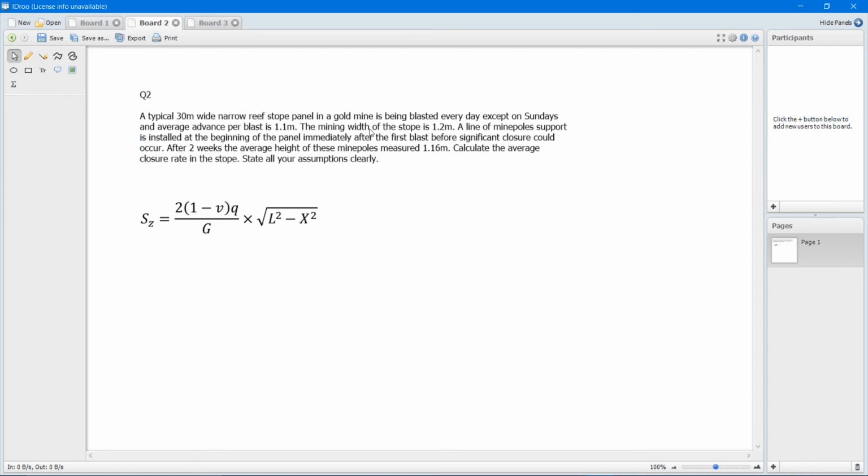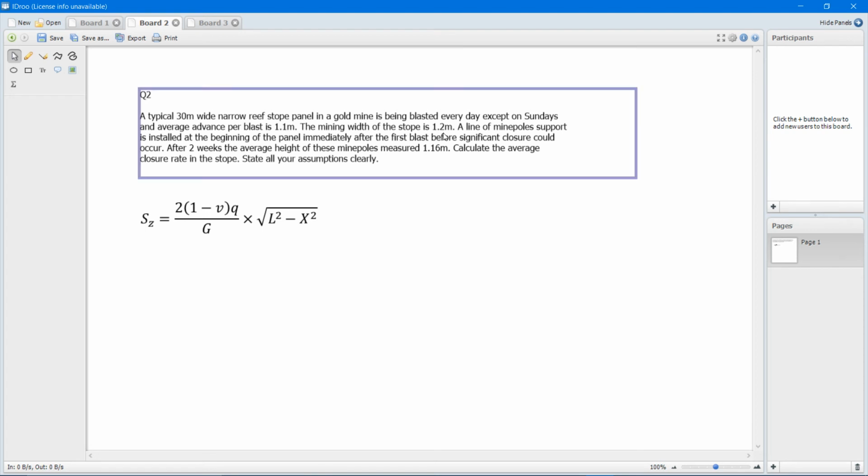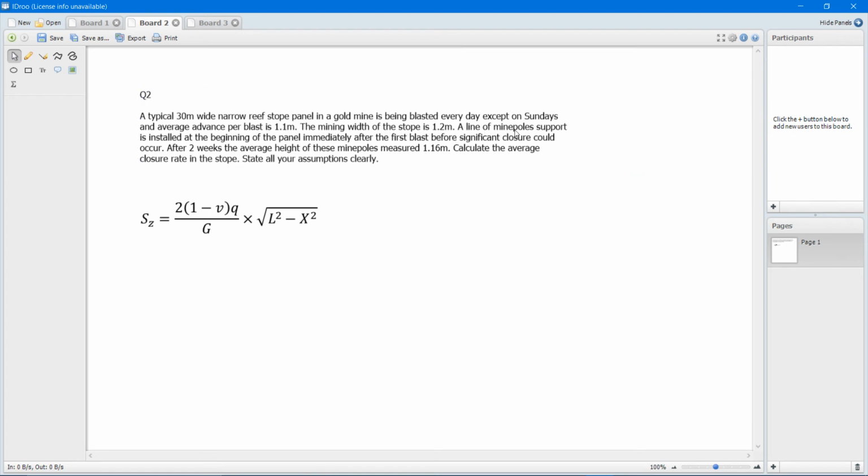Now the mining width of the stope is 1.2 meters. A line of mine pole support is installed at the beginning of the panel immediately after the first blast, before significant closure could occur. Now, after 2 weeks, the average height of these mine poles measured 1.16. Calculate the average closure rate in the stope. State all your assumptions clearly.